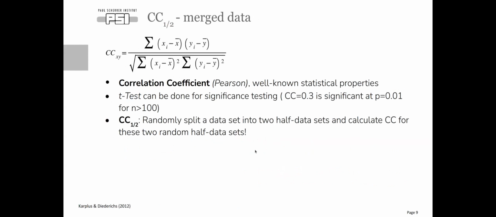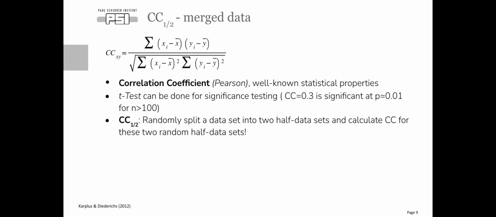So obviously I will come to CC half, which I worked on a lot in my PhD. It's also a quality indicator for merged data, and it's derived from the correlation coefficient, so from mainstream statistics. It's kind of well known, so you can also do significance testing for CC.